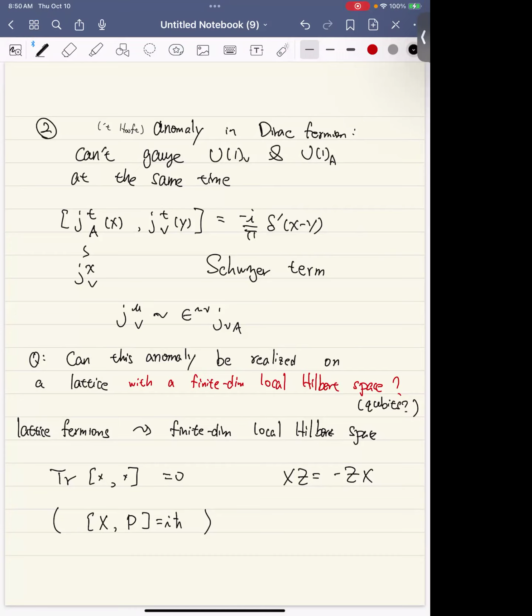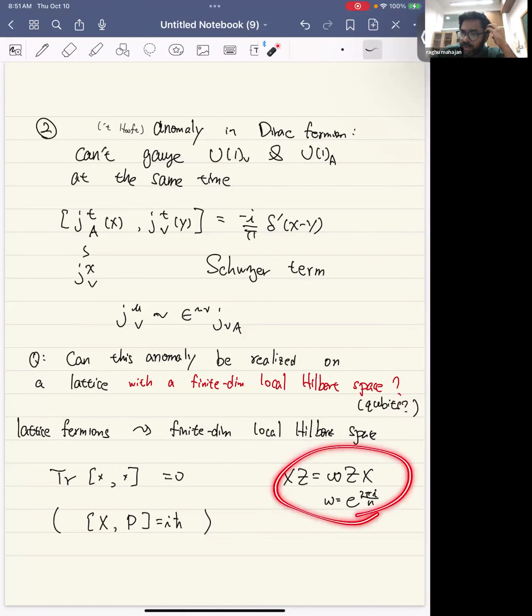Yeah, but if you work with the rotor, that has an infinite dimensional Hilbert space. Or maybe you have in mind the Z_N clock model. Yeah, Z_N. Right, but in the Z_N clock model, the commutation relation is something like this, where omega is the Nth root of unity. Right, and then take N to infinity. Yeah, you can.